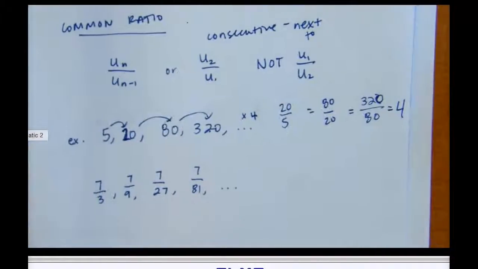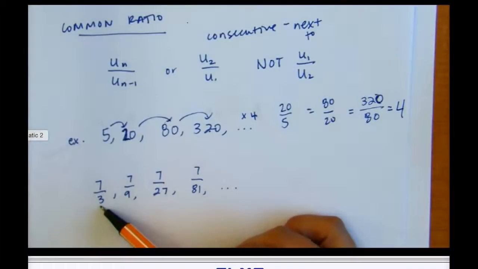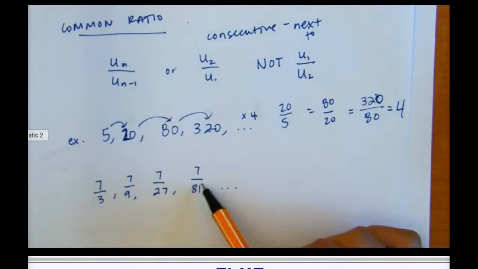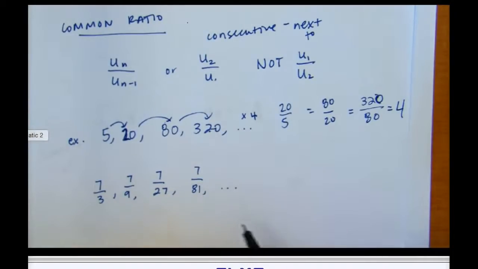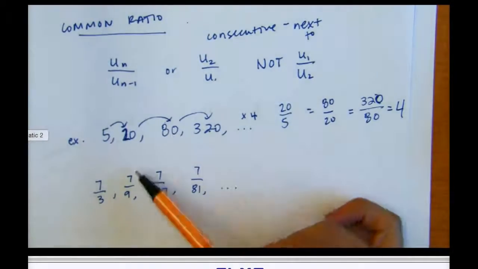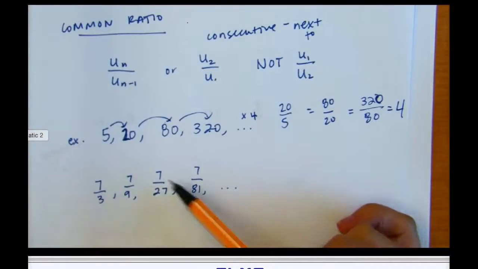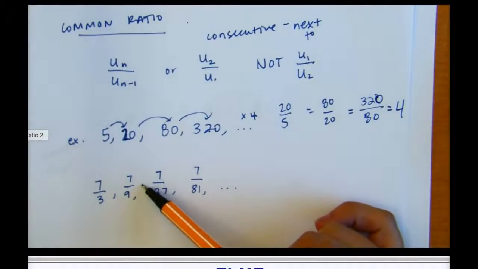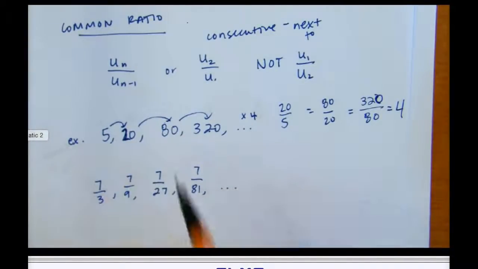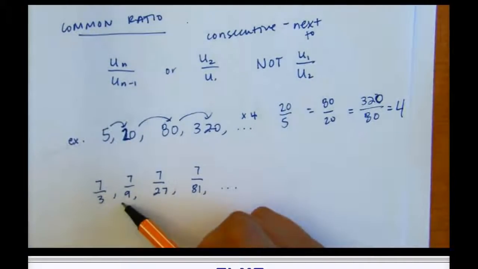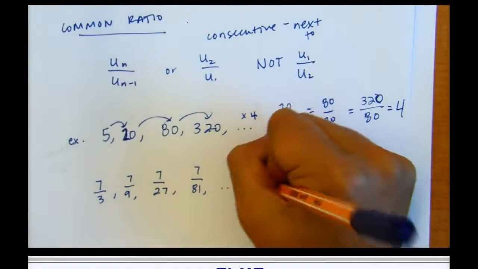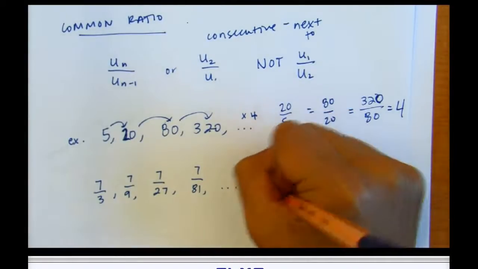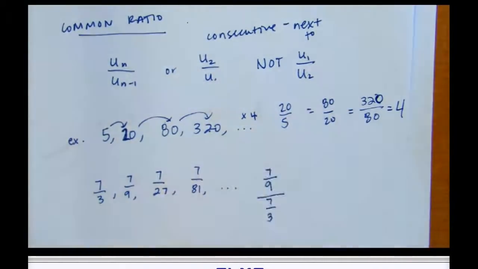Okay, take a moment to set up this one. So I've got 7/3, 7/9, 7/27, 7/81. Pick 2 terms. I don't care which one they are, as long as they're consecutive. And you're going to divide by the term before it. So let's say I picked just my first and second term, so I've got 7/9 divided by 7/3.